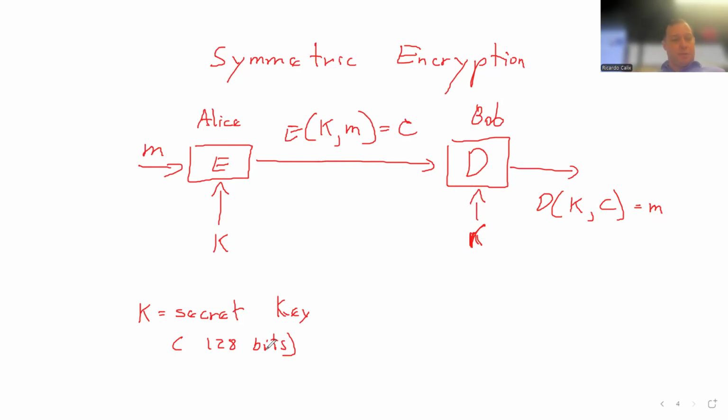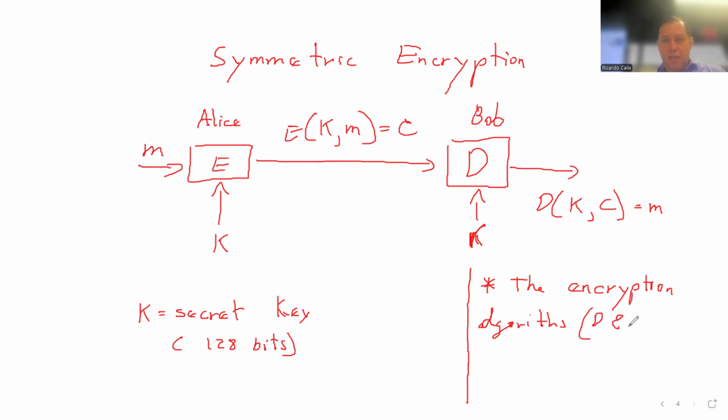All right, so a few things to wrap up that are really important that might be surprising to you. So number one, the encryption algorithms, which in this case are D and E, right?